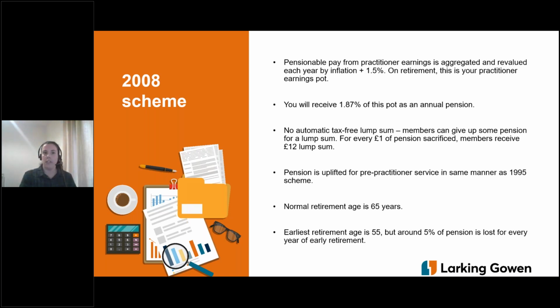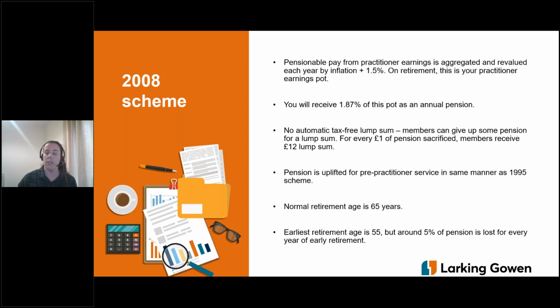So Lizzie alluded to this earlier, that it has what we call a higher accrual rate, so you get more bang for your buck effectively. The 95 section was 1.4%. The 2008 section is 1.87%, so a slightly higher amount for each pound of pensionable pay that you earn.